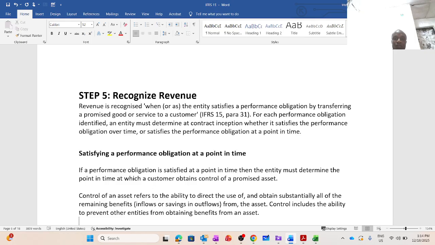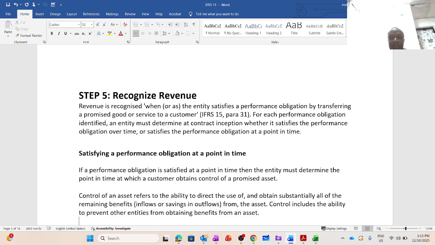Also, when the vehicle is fully loaded, we weigh the vehicle when it is going out. So automatically, according to the process, we are going to recognize revenue when the vehicle has been weighed going out from the weigh bridge. At that particular point in time, we recognize the revenue as soon as the vehicle has gone through the weigh bridge with the product. Then all the liability has been 100% transferred to that particular customer.